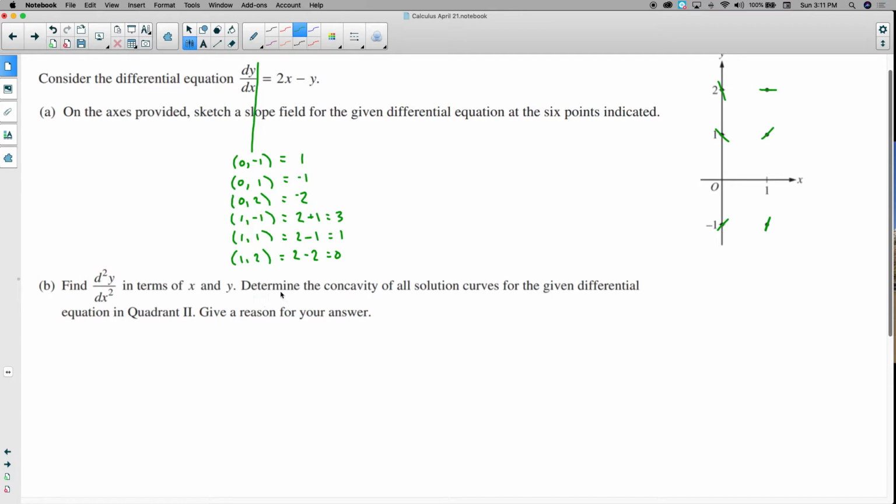Okay, and so this is going to be a little tricky, but maybe let's just not even think about that quite yet until we find the second derivative. And then maybe when we look at the second derivative and reread it, then maybe we'll have some insight. Okay, so finding the second derivative of this differential equation.